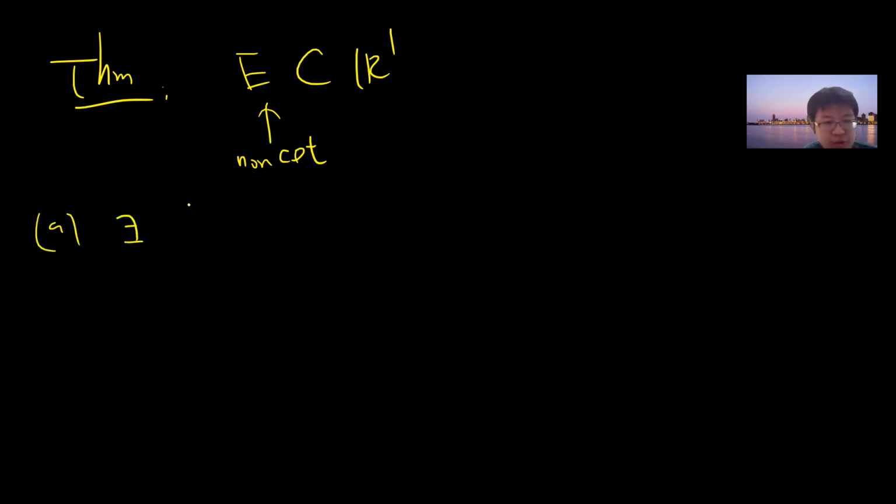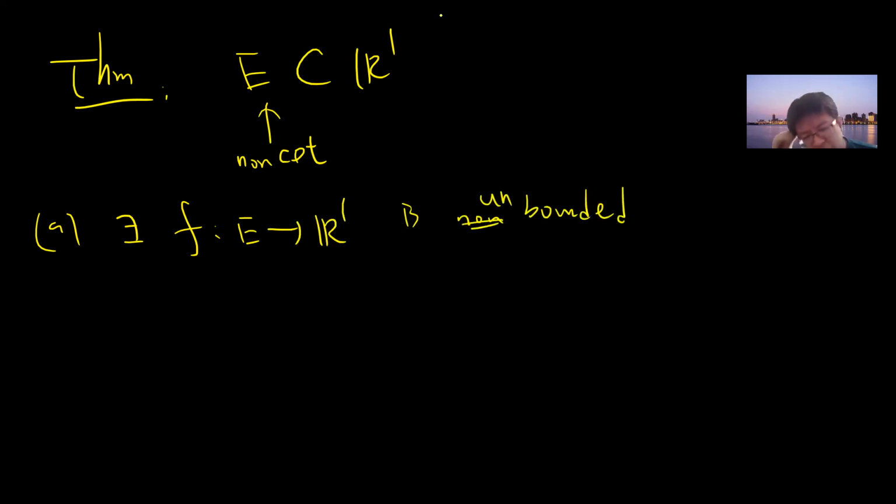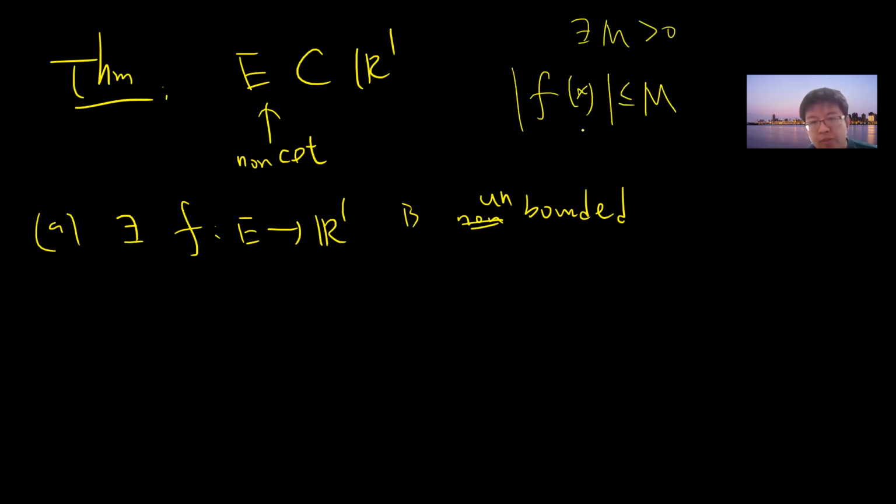I want to show that if E is a non-compact set in R1, then there exists a continuous function f on E mapped to R1 that is unbounded. I haven't mentioned bounded yet: bounded means there exists M greater than 0 such that |f(x)| is bounded by M for all x belonging to E.